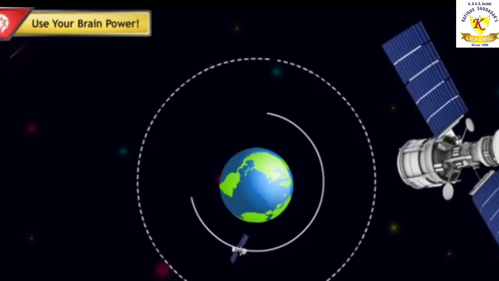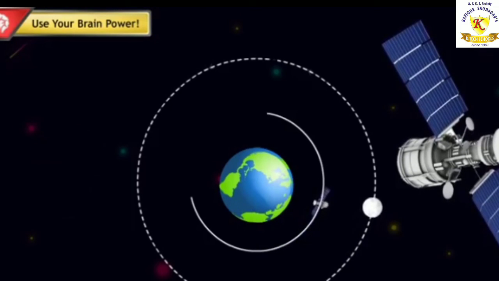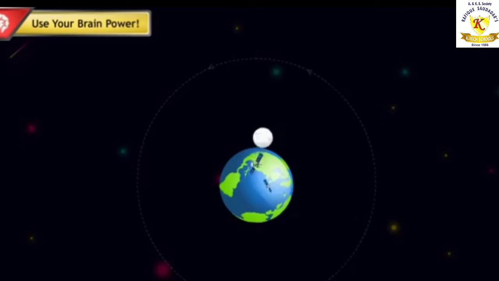The earth attracts them towards itself, but unlike a falling apple, they do not fall on the earth. Why? This is because of the velocity of the moon and the satellite along their orbits. If this velocity was not there, they would have fallen on the earth.